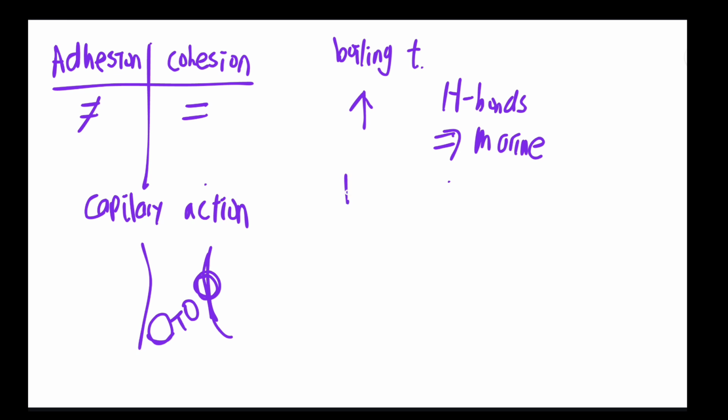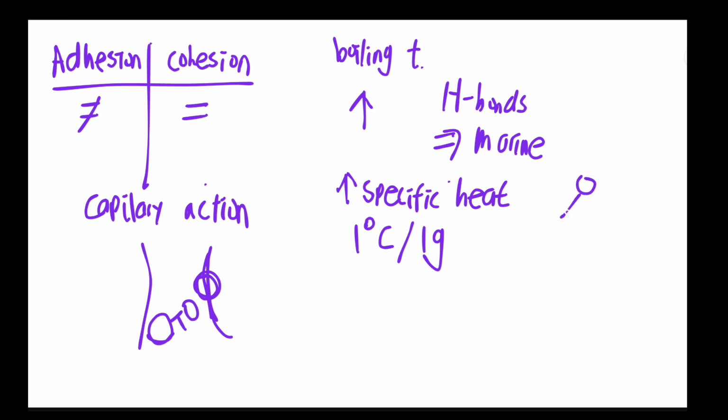It also had high specific heat, and this was the energy needed to increase 1 degree Celsius per gram. As water molecules are very closely connected, they needed really high heat to be taken apart.